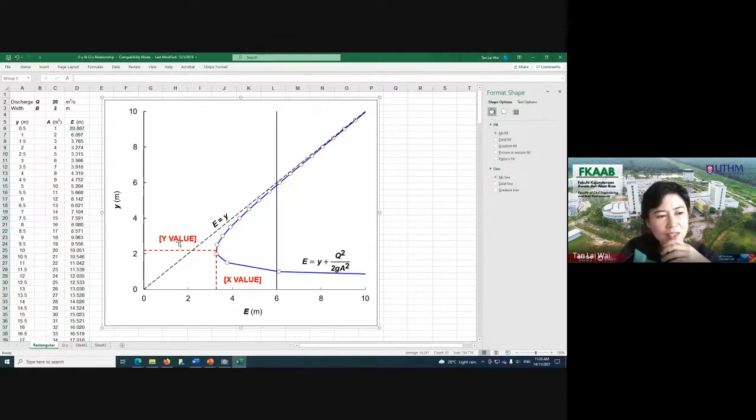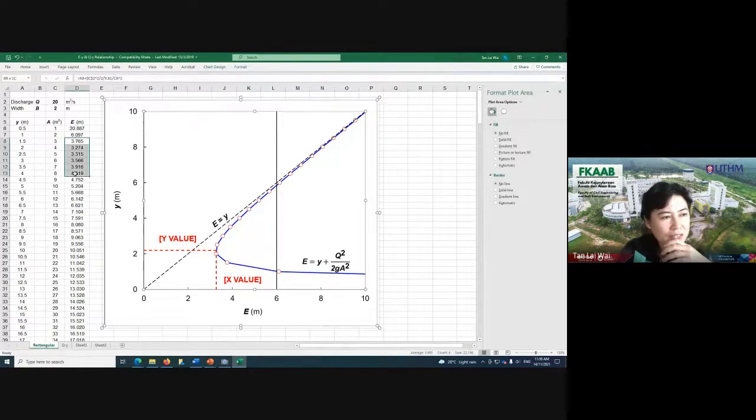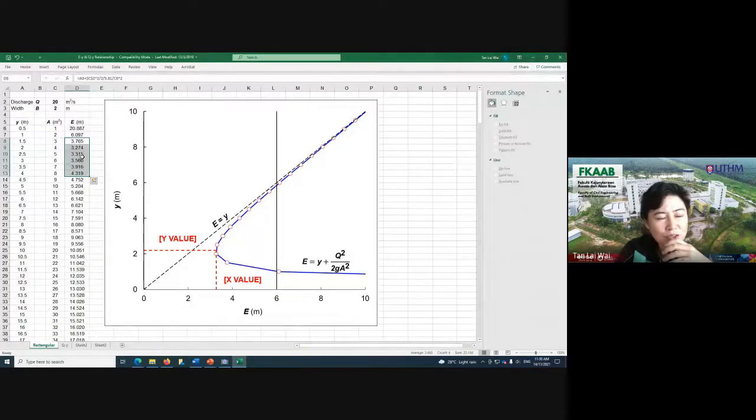If you look here, it gives me a specific energy of 3.27 at a depth of flow of 2.18 meter. This area here will produce the minimum specific energy.